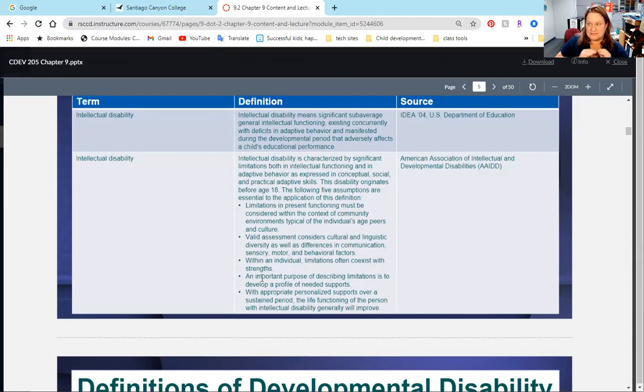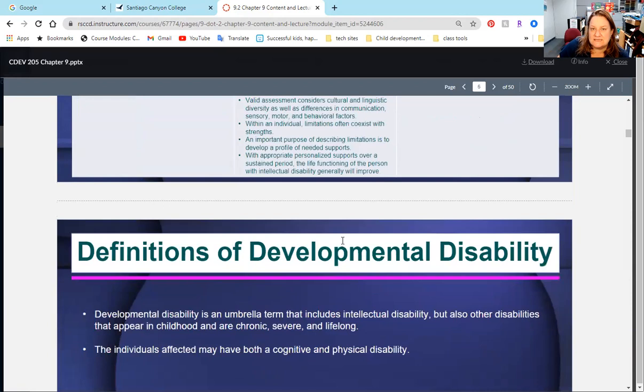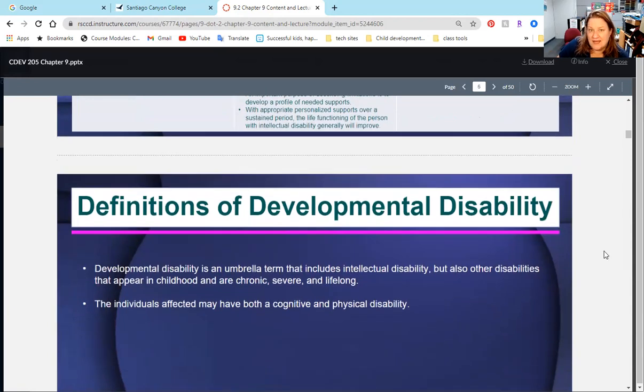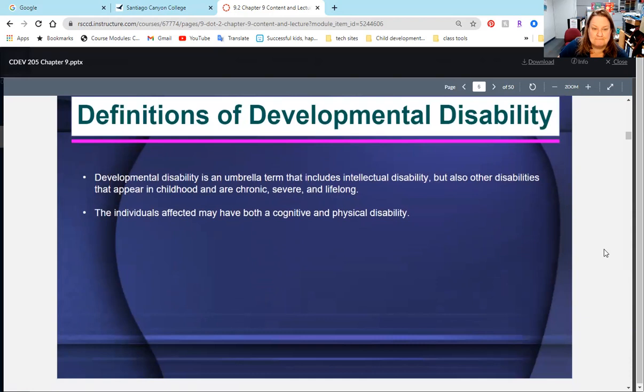Does this person need supports every day in every way, or just once a week, once a month, or just when it comes to paying bills? Everybody's different, and putting together this profile really helps. With appropriate supports, that person can have a very independent and high functioning life. A lot of these people live with family members their whole life, and a lot of times they live independently. We'll talk more about that.